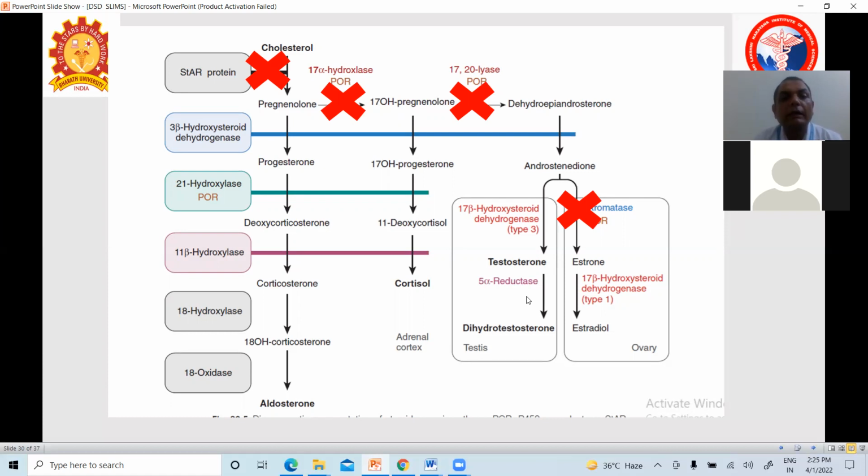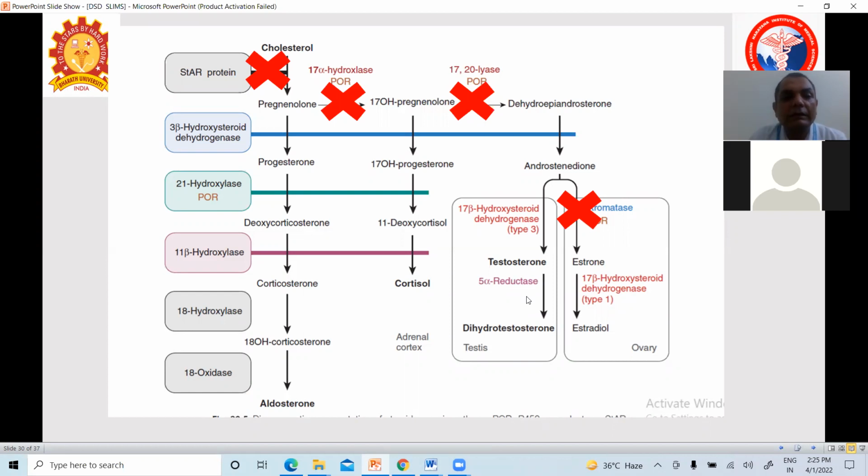So the pregnenolone to 17 hydroxypregnenolone conversion is done by 17 alpha hydroxylase, and deficiency of this enzyme can produce deficiency of the sex hormones. If 3 beta HSD is absent, all hormones again will be less by this pathway.